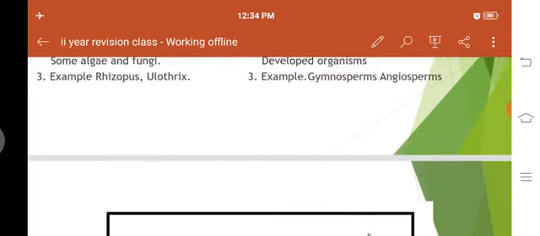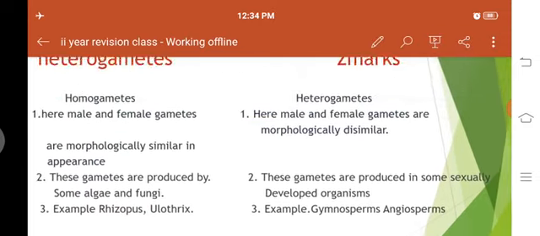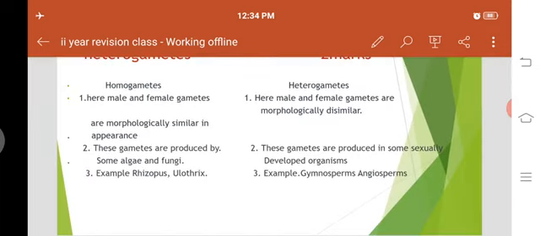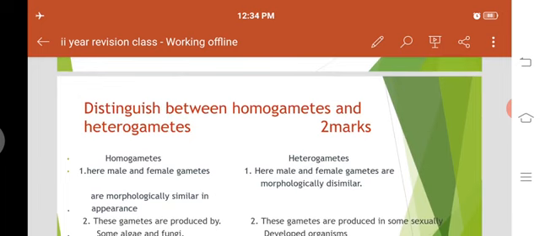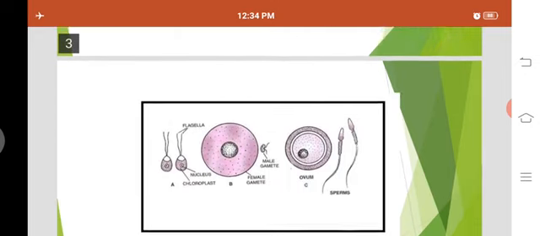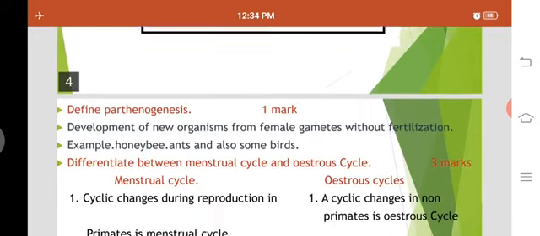This is the question: distinguish between homogametes and heterogametes. Here the examples are also given: Rhizopus and Ulothrix for the homogametes, and for the heterogametes we have given the examples gymnosperms and angiosperms. Understood? Okay, we'll move to the next question.